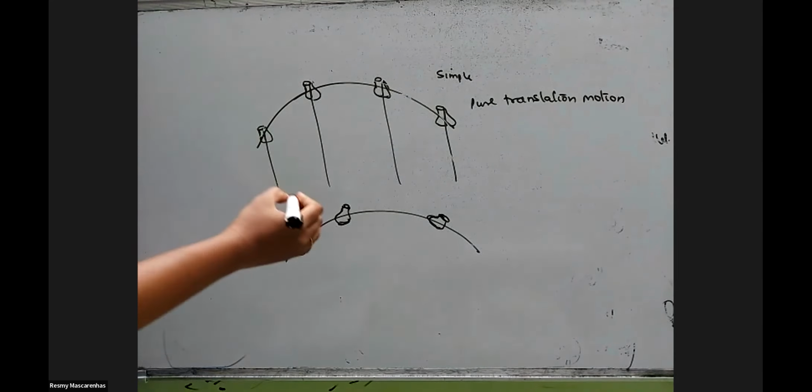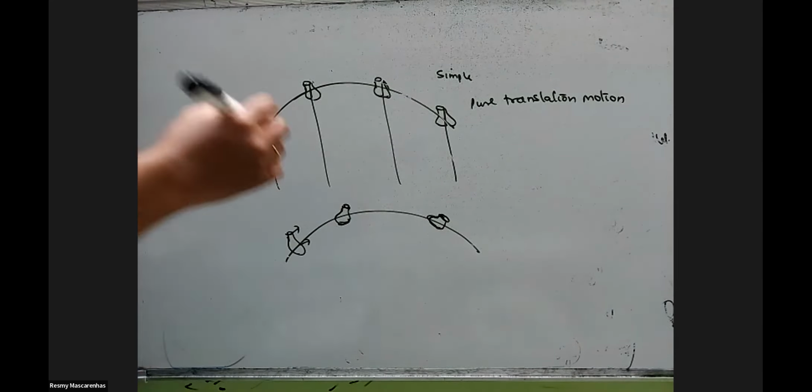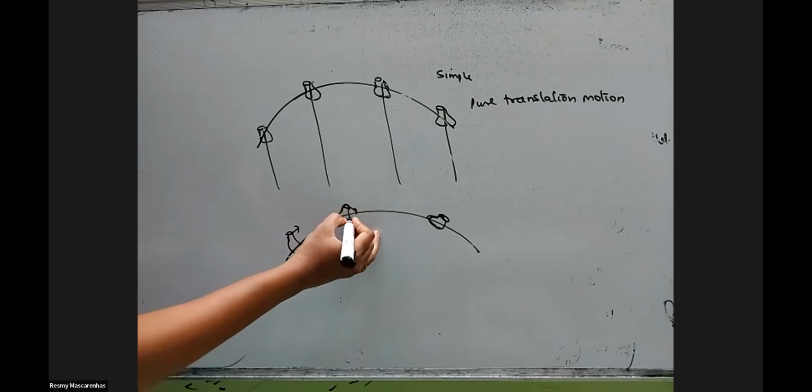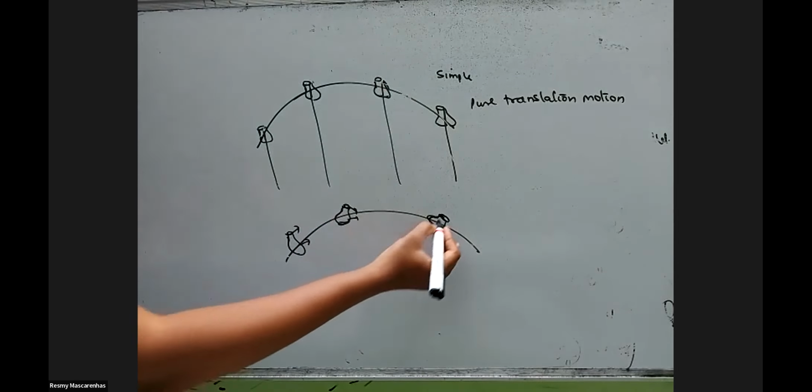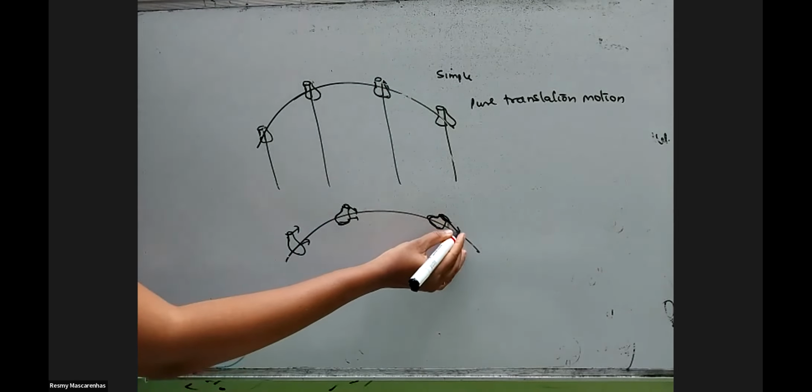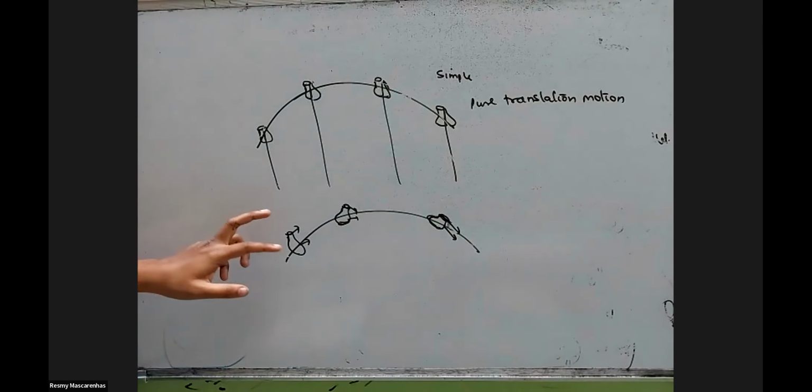So what is happening here? This side it is like this, here it is somewhere like this, here it is somewhere downwards. So these lines are not parallel to each other.